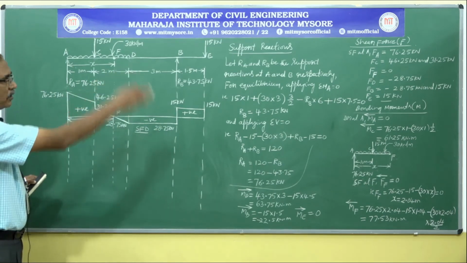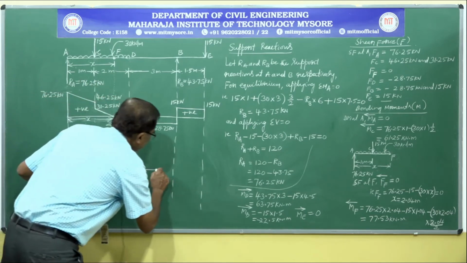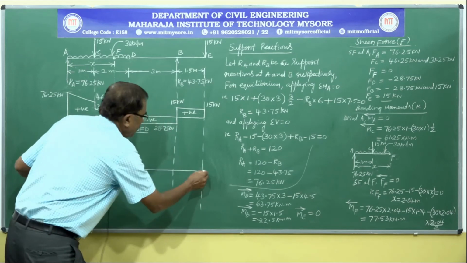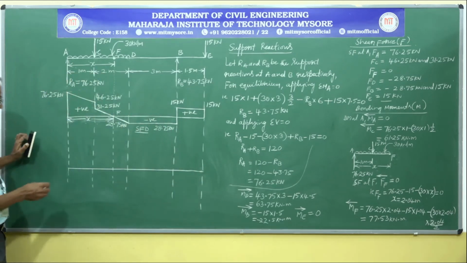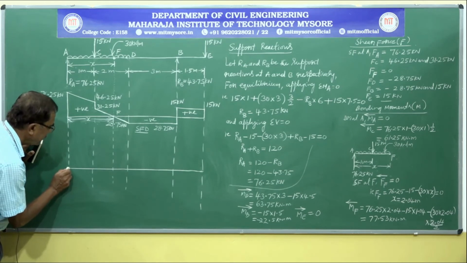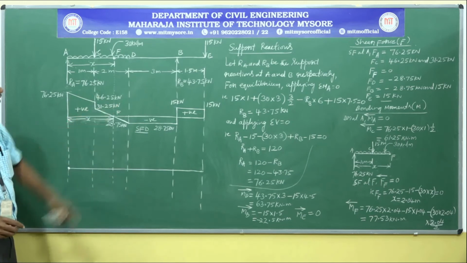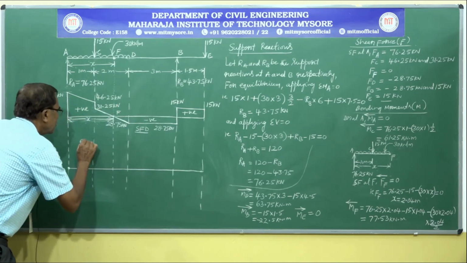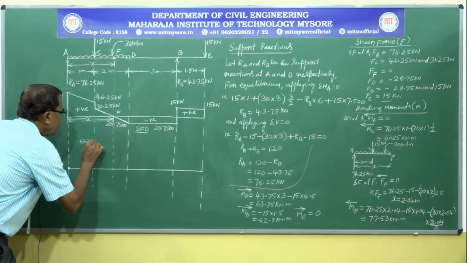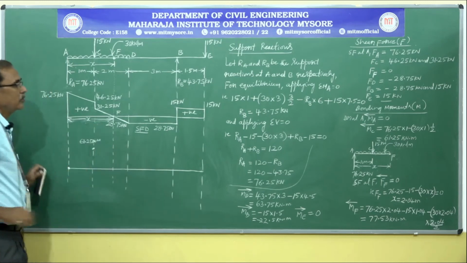Based on the values calculated, let us draw the reference line. Again, on the reference line, values are 0. Bending moment calculated at point A is 0. Bending moment at point C, it is 61.25 kilonewton meter.